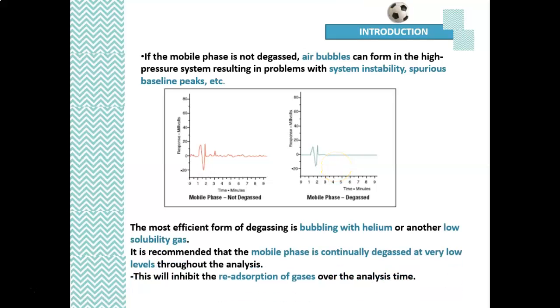The most efficient form of degassing is bubbling with helium or another low solubility gas. It is recommended that the mobile phase is continually degassed at a very low level throughout the analysis, and this will inhibit the reabsorption of gases over the analysis time.